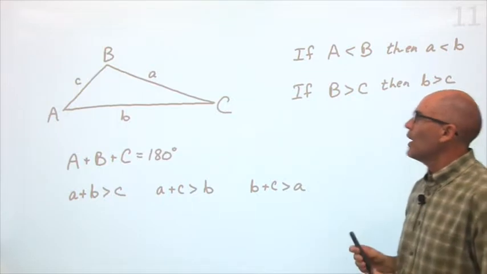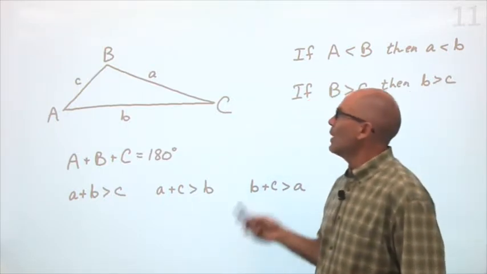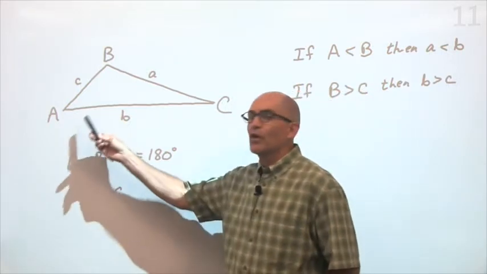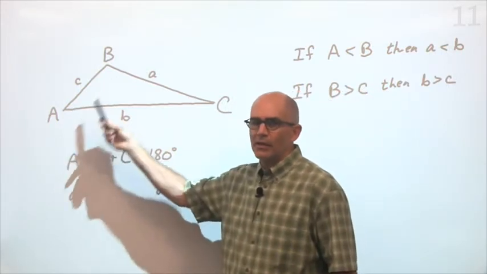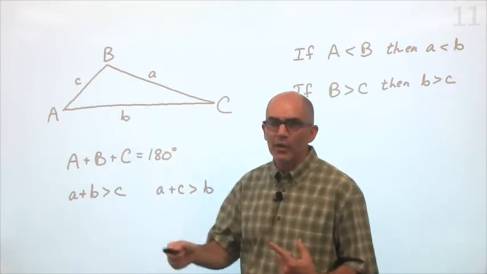Now, when we label the parts of a triangle, we always label the vertices with capital letters, and we label the sides with lowercase letters.